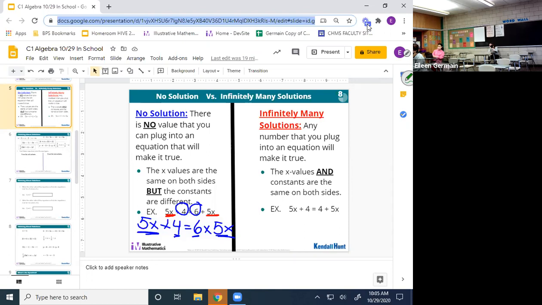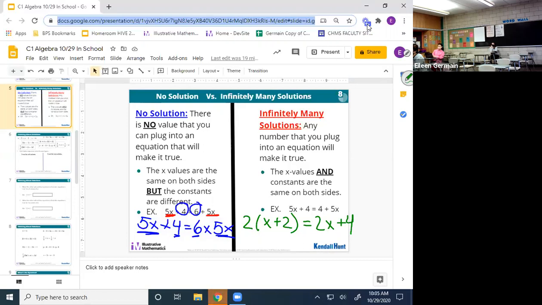We could also say 2x plus 2 is equal to 2x plus 4. So when you're looking at an equation, you might need to distribute before you decide if it has no solution.